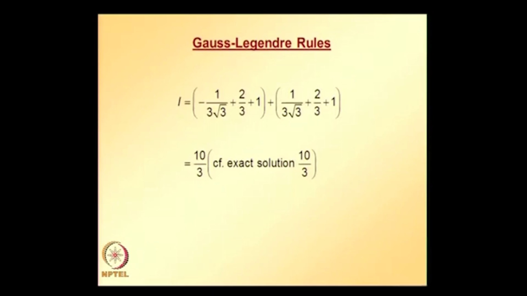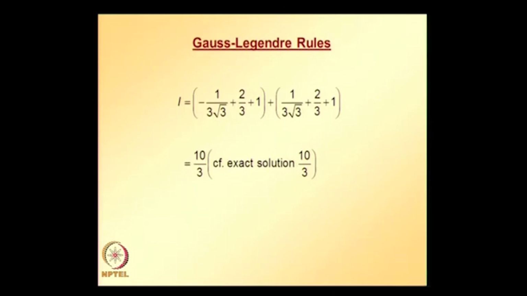So, what we can learn from this is, if we adopt the Gauss-Legendre rule, a Gauss-Legendre rule of n points can integrate a function of order 2n minus 1 exactly.